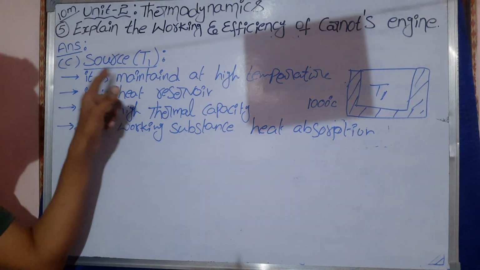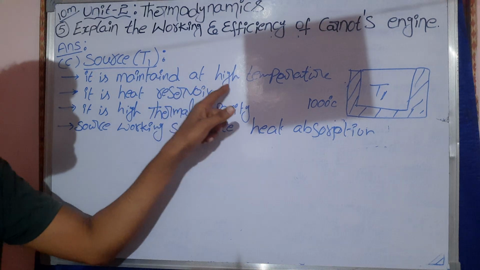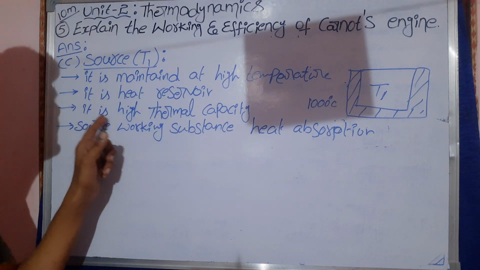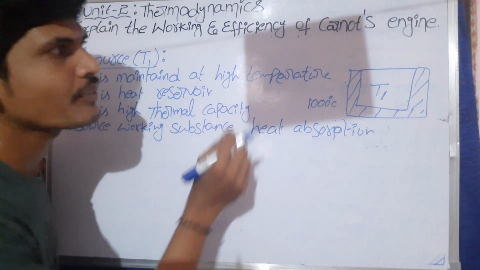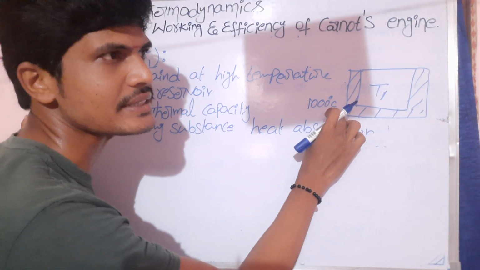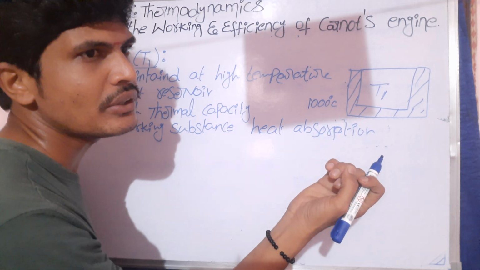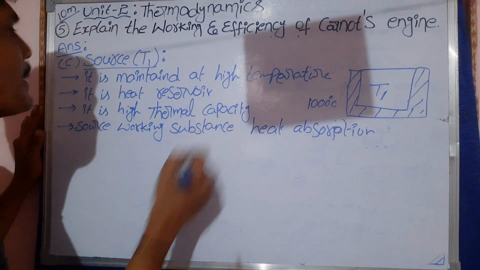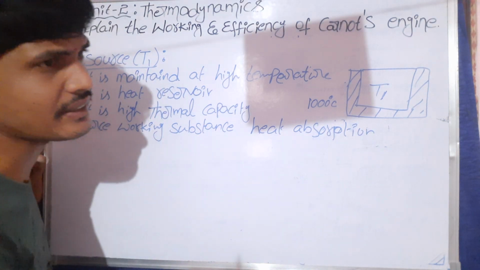The source is maintained at high temperature T1, a heat reservoir called the source, with high thermal capacity. High thermal capacity means, for example, the source is maintained at 1000 degrees Celsius, and even if some heat is removed, the source temperature does not change. Next, the working substance absorbs heat from the source.